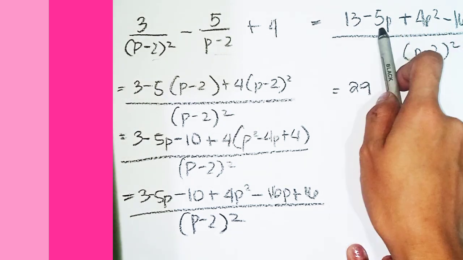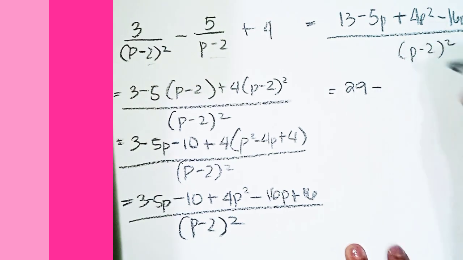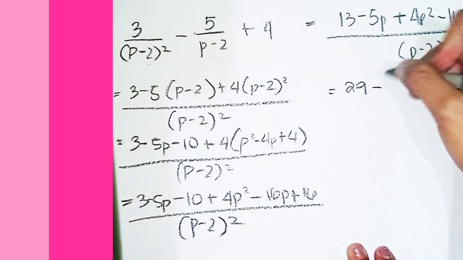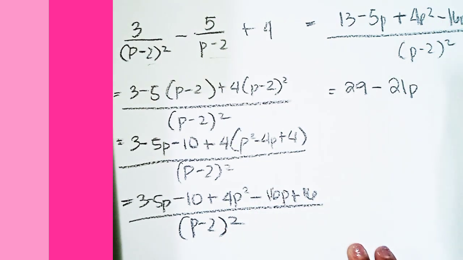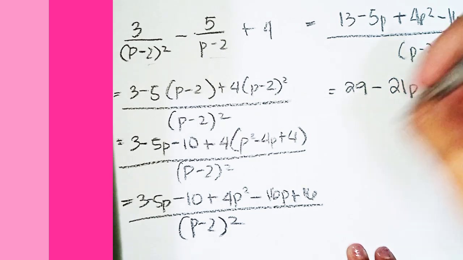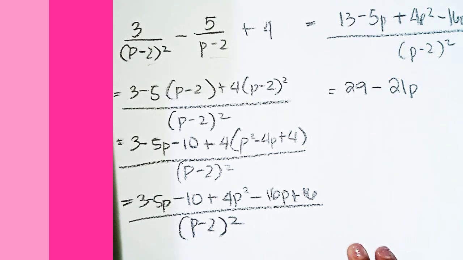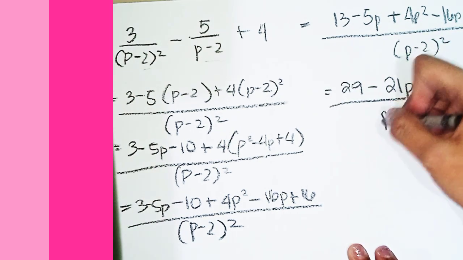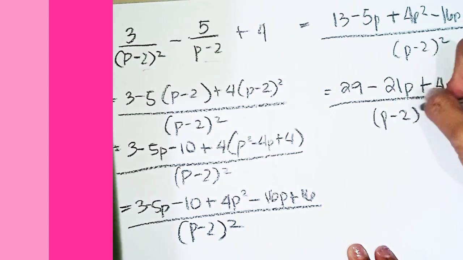And negative 5p and negative 16p, that would be negative 21p. And copy the 4p squared, plus 4p squared. All over, copy the denominator, p minus 2 squared.